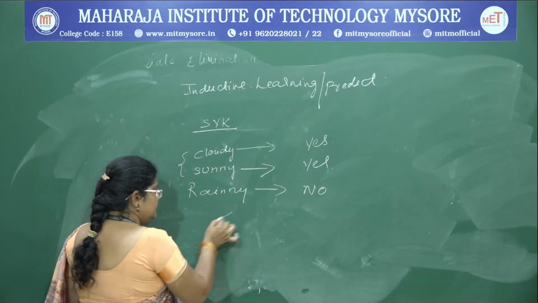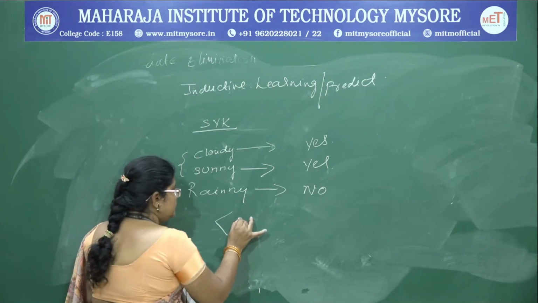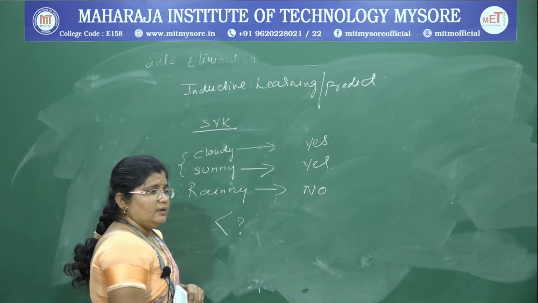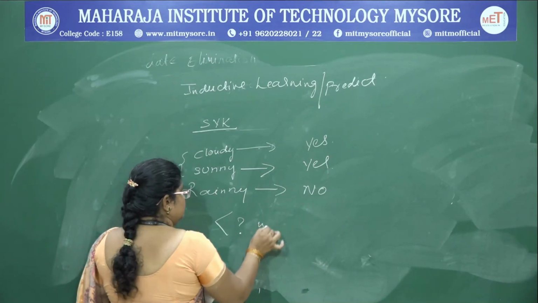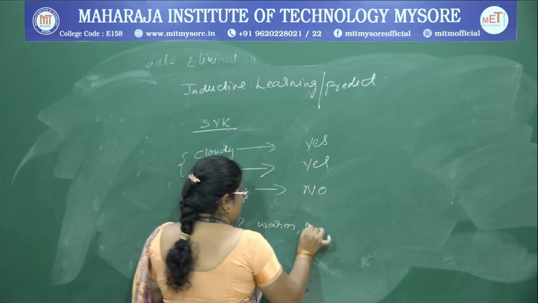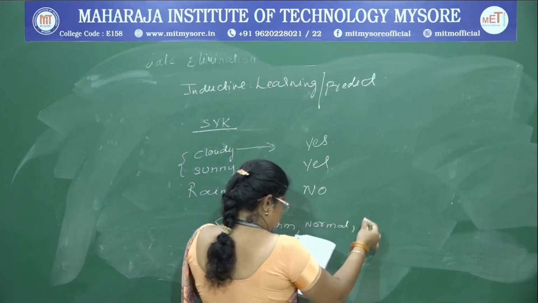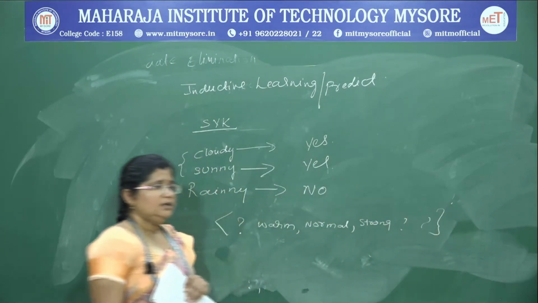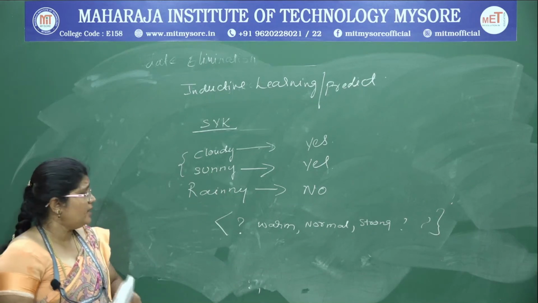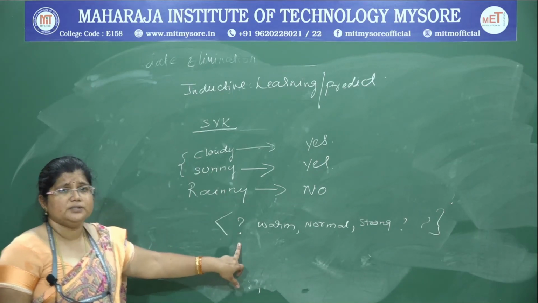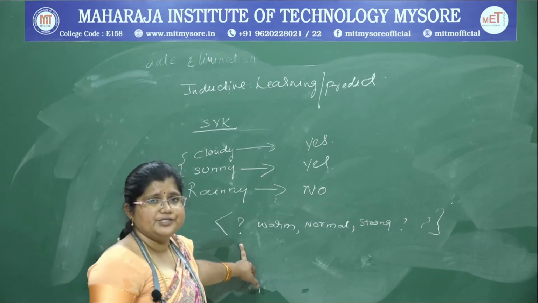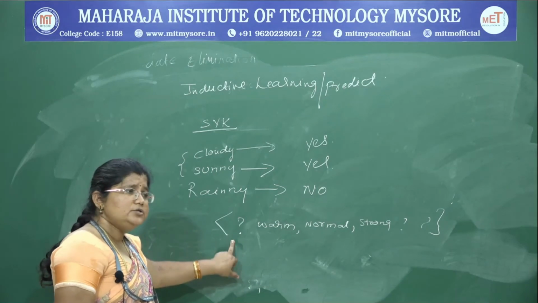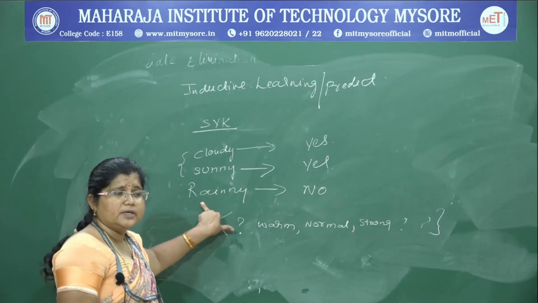So when forming the hypothesis, we are going to replace cloudy and sunny with a question mark, and other attributes may be present: warm, normal, strong, whatever it is. Here a contradictory statement is going to arise, because if it is a question mark, it can also cover the negative training example.